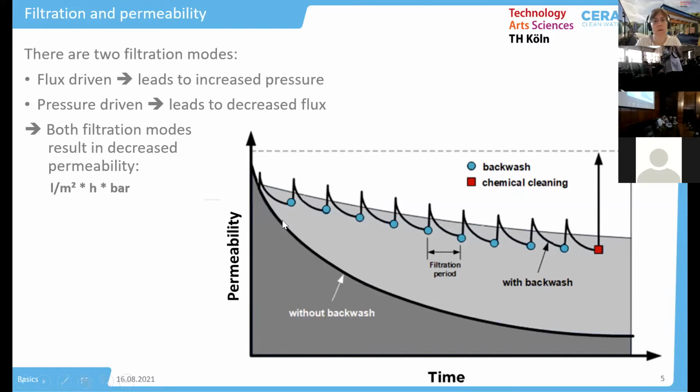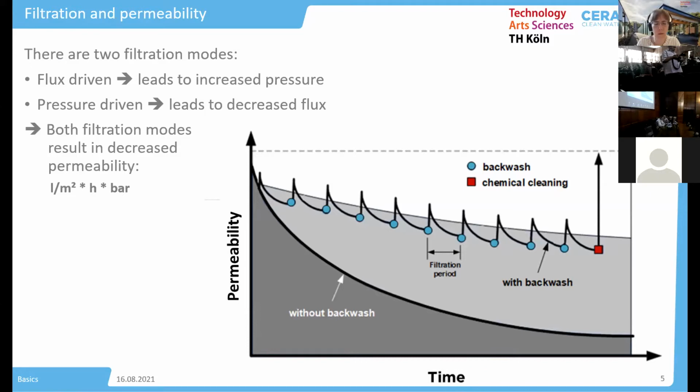When we look at the filtration, the filtration permeability and the processes, we have two basic filtration modes. We can run such a system in a pressure-driven mode. This means we apply a pressure, and then over time, because we have particles on the membrane, this leads to a decreased flux.